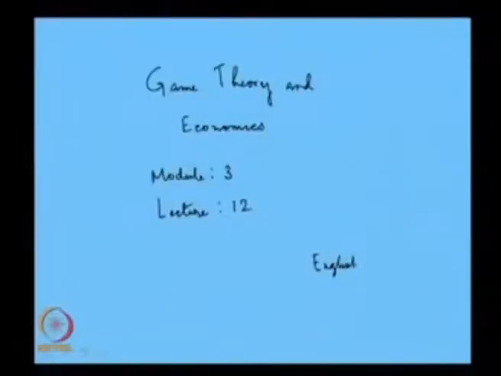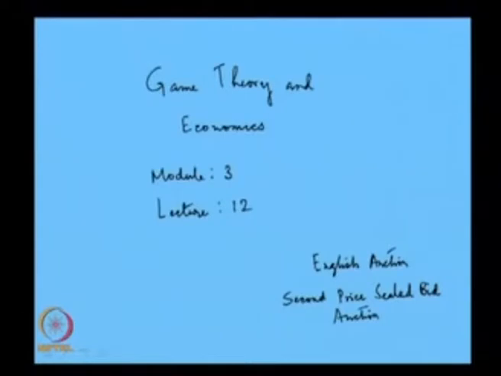The first kind of auction that we have discussed is what is known as the English auction, also called the second price sealed bid auction. We have seen that there are an infinite number of Nash equilibria in the second price sealed bid auction.